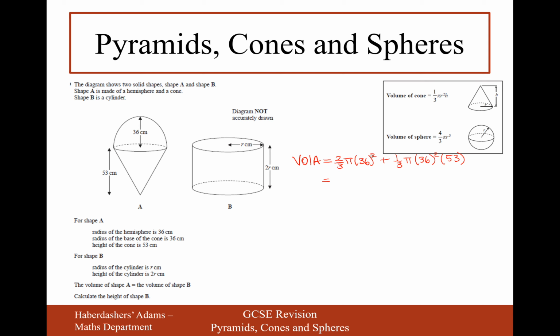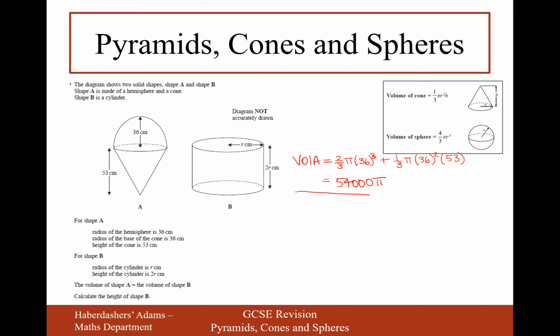No, the hemisphere is cubed, so I need to do that cubed. And then plus brackets 1/3 times 36 times 36 times 53, and that will give me 54,000 pi. So that's the volume of the left-hand shape.